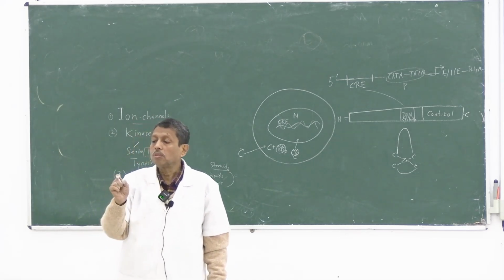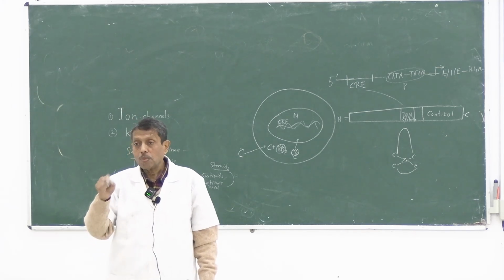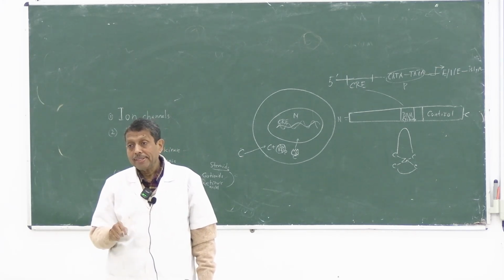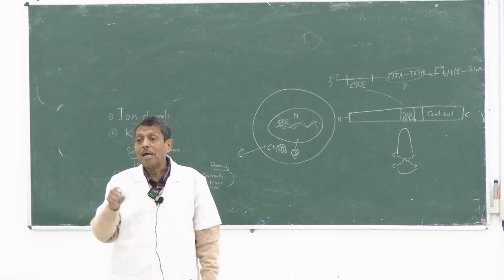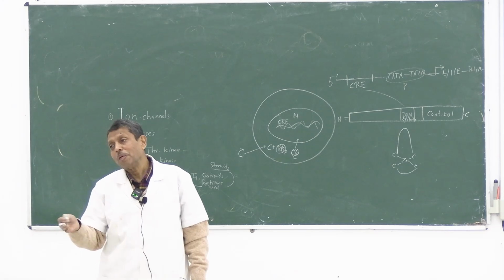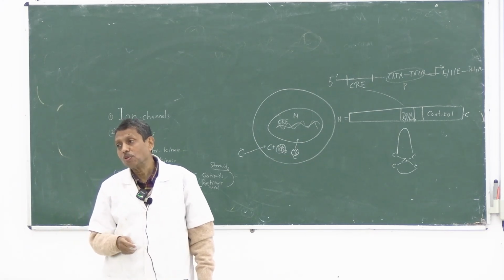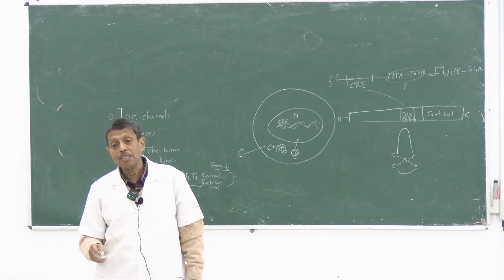So what is initially produced is the pre-mRNA, and pre-mRNA is converted into mRNA, and mRNA will come into the cytosol and bind with the ribosomes. Ribosomes may be within the cytosol as free ribosomes, or attached to the cytosolic surface of the rough endoplasmic reticulum.